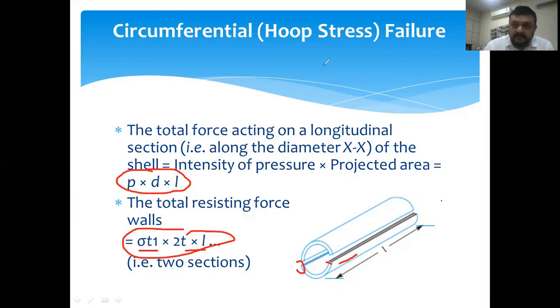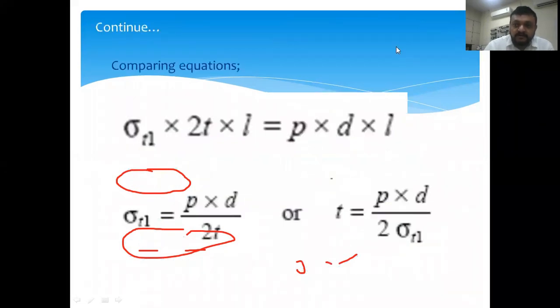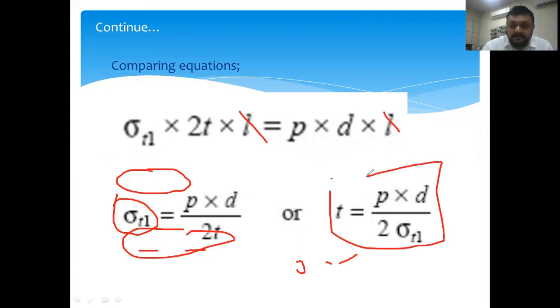So we equate these two equations and find the equation for the circumferential stress: sigma T1 is equal to P into D by twice into T. L is omitted as it is on both sides. If you are trying to calculate the thickness, then T is equal to P into D over twice into sigma T1. This is the equation of the circumferential stress. If the material's stress is known, you can easily find the thickness. So that is the design.